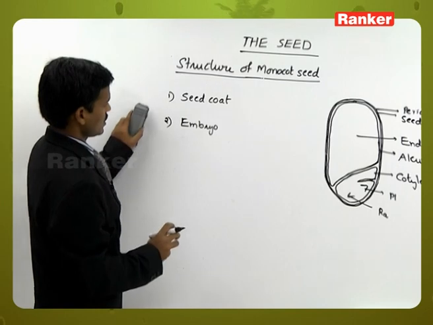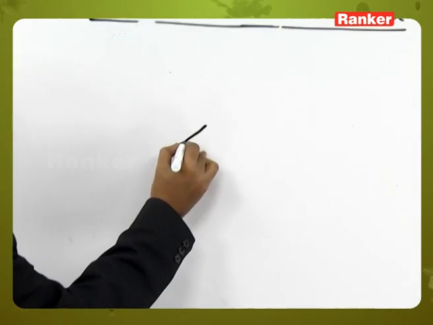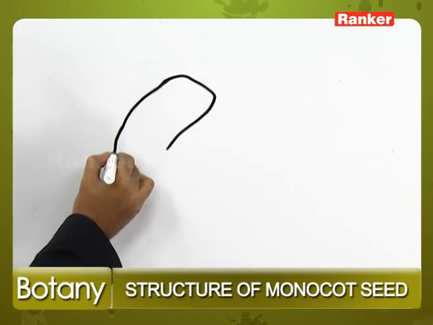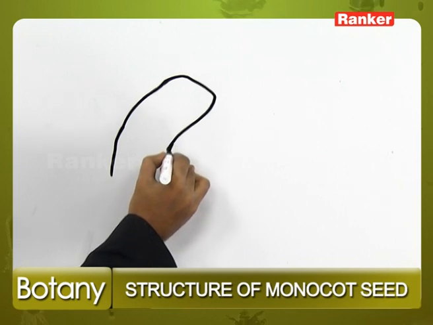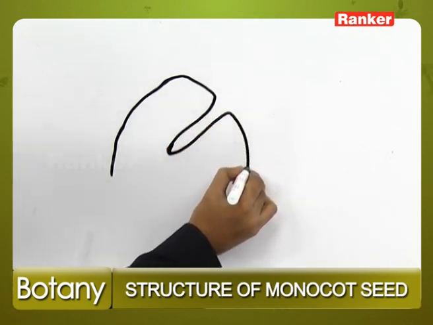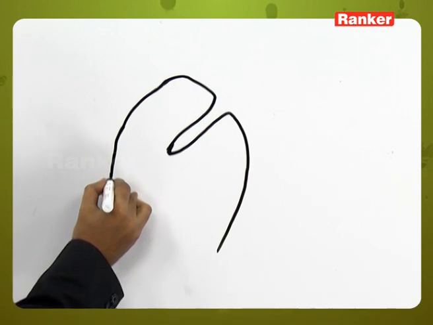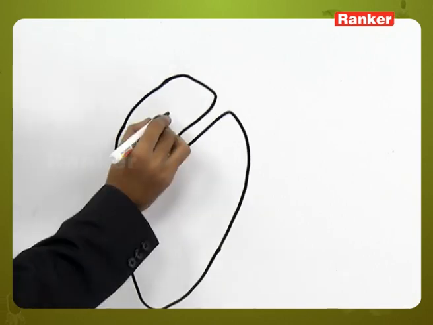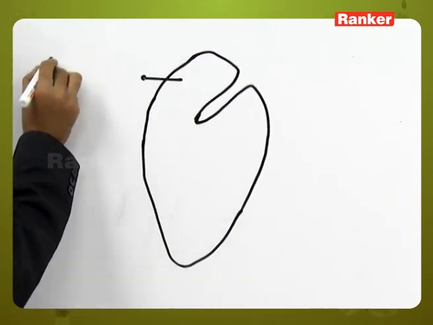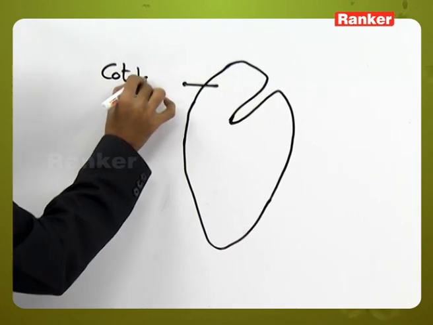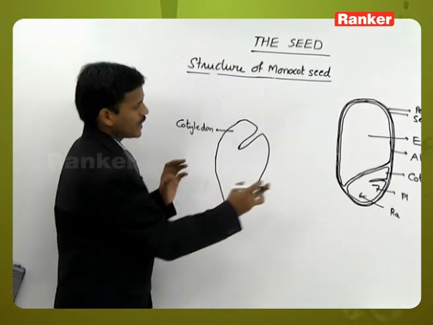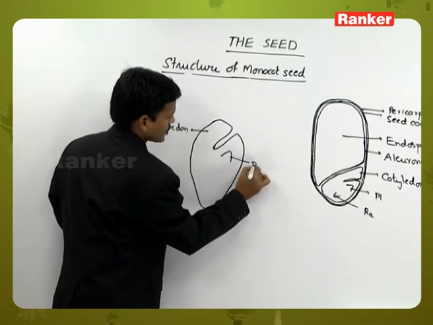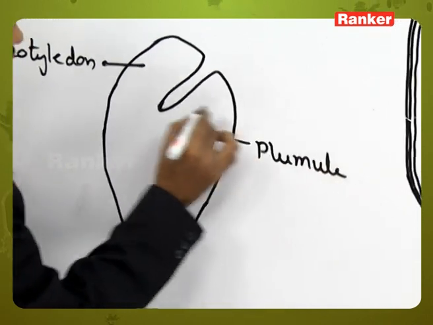If we observe clearly, this cotyledon is called the scutellum, and here is the plumule. The plumule is covered by one sheath.